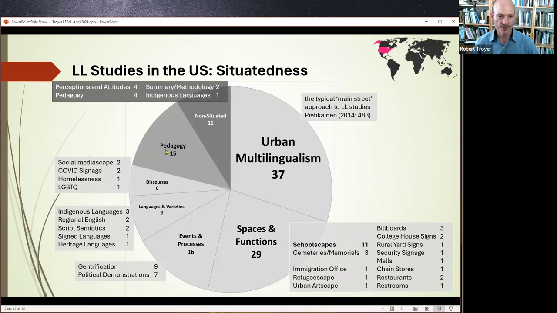And the reason this is somewhere in between being very situated in a specific context and being not situated is that these articles do include, and I find these some of the most interesting articles that I've read recently, what students did.